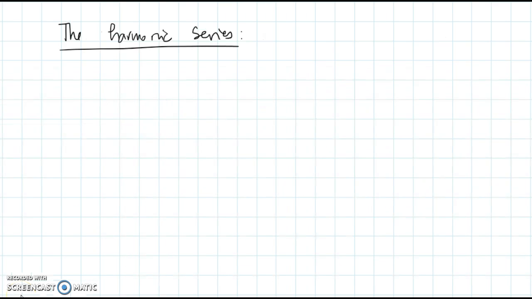I want to mention one more example of a famous series, and this is the harmonic series. We begin with the sequence 1 over n, for n greater or equal than 1, and we want to see what happens with the limit of the partial sums of the sequence. So we want to take the infinite sum of the terms of the sequence.